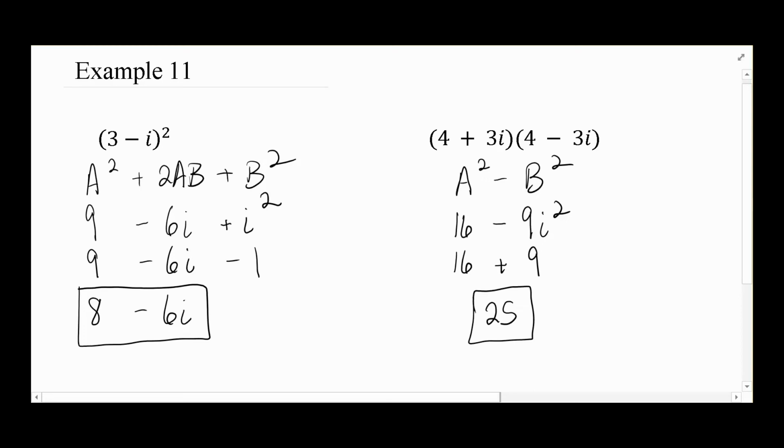And one thing that's really interesting that should jump out at you about this example is that I multiplied together two non-real complex numbers. So I multiplied two numbers together that had i's in them, and the answer didn't have an i. So when you're multiplying complex conjugates together, you're going to end up with a fully real number, because with the a squared minus b squared, everything becomes squared, and all your i's go away then. That's really nifty, and that's going to be important for the next thing we want to look at.